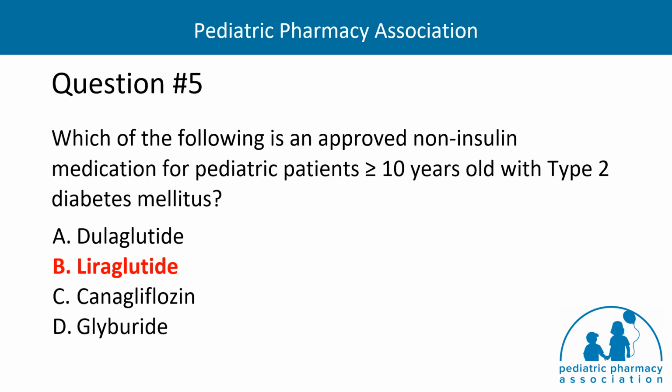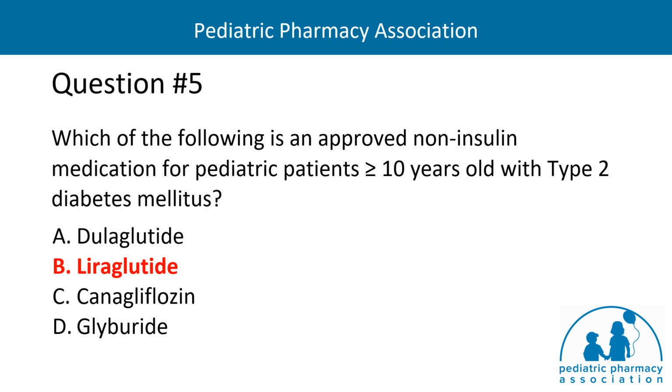So the correct answer here is liraglutide. It's one of our newly approved GLP-1 agonists, which has made its way into the ADA guidelines for use in pediatric patients with diabetes mellitus. Dulaglutide is another GLP-1 agonist, although it does not yet have any kind of pediatric labeled indication.